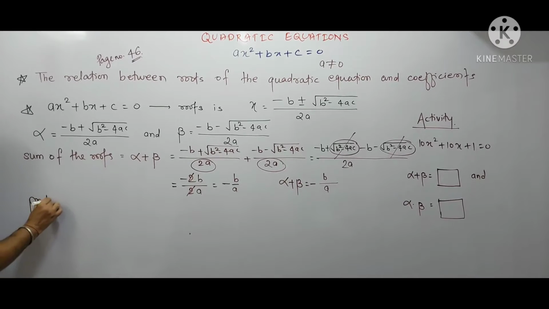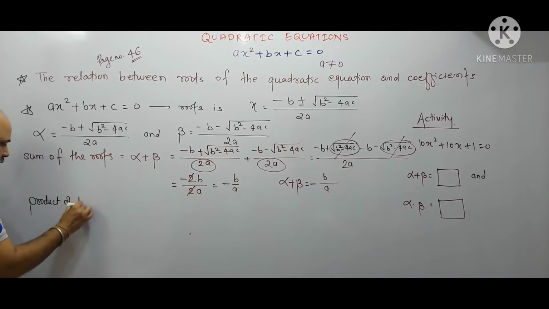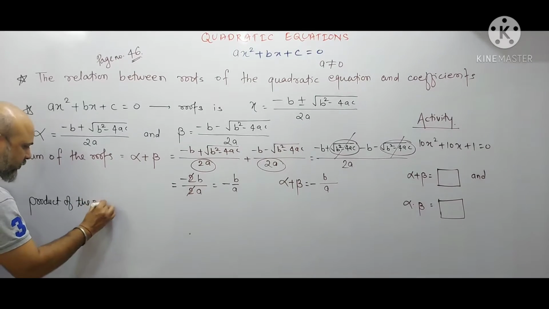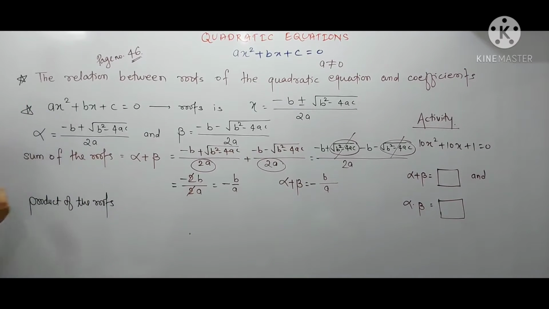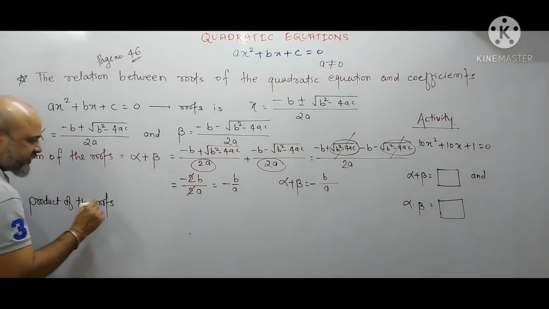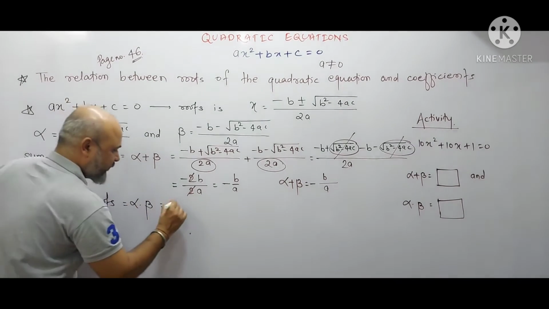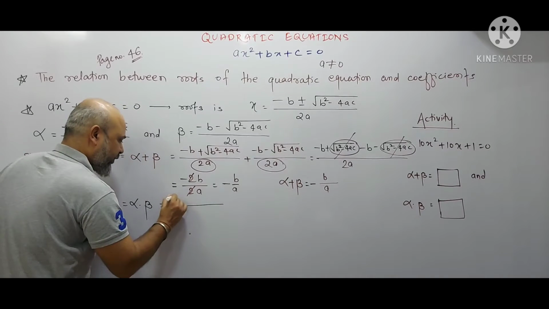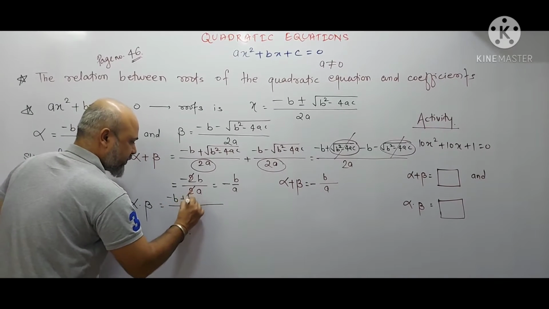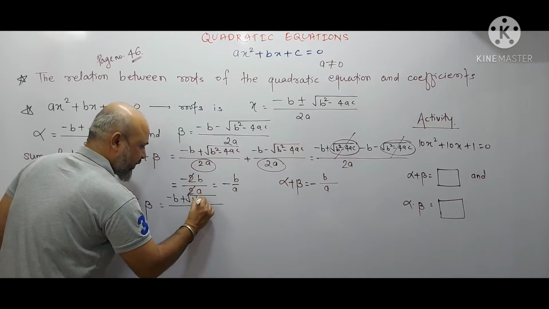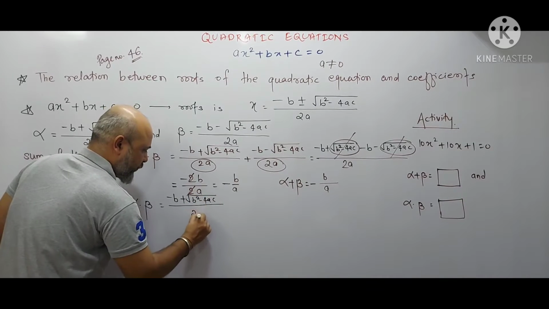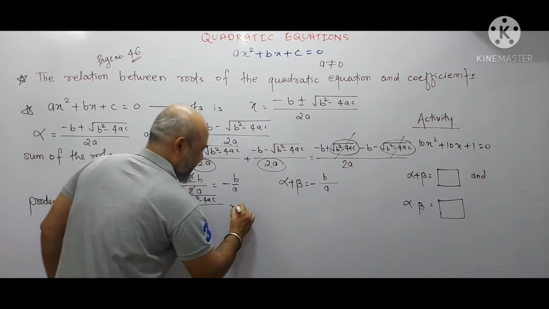So the product of the roots. Product means multiplication of these two roots, that is alpha into beta. Alpha into beta. What is alpha? Alpha is (−b + √(b² − 4ac)) upon 2a, into what is beta?